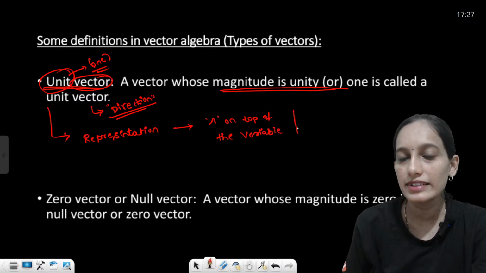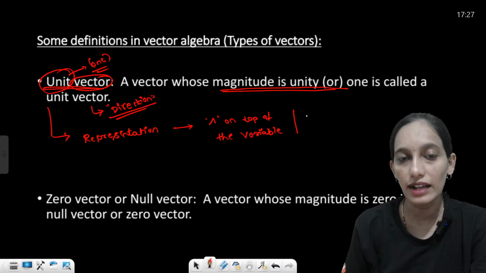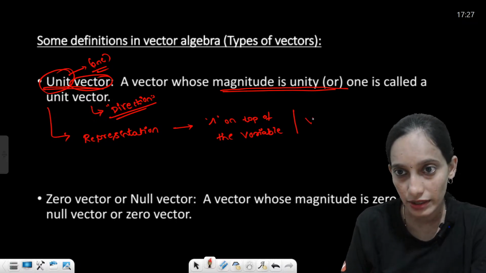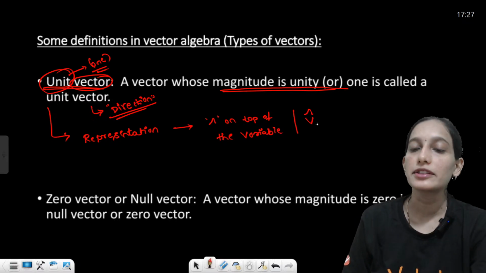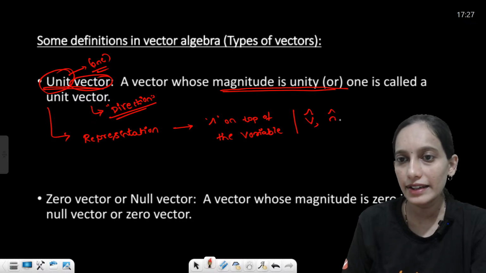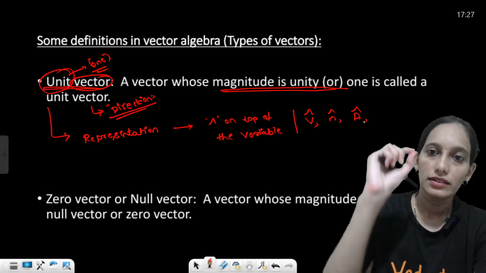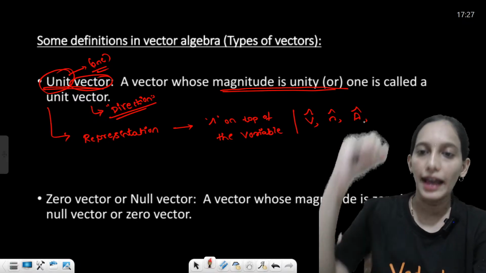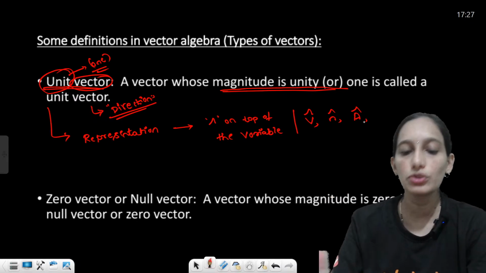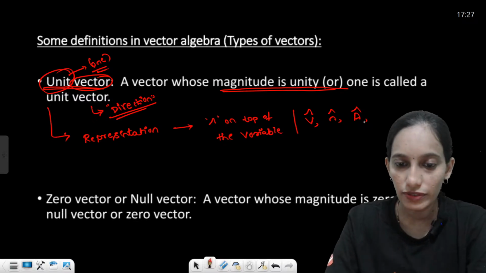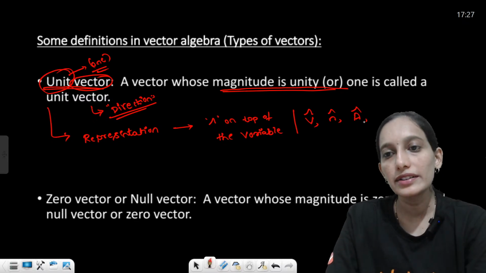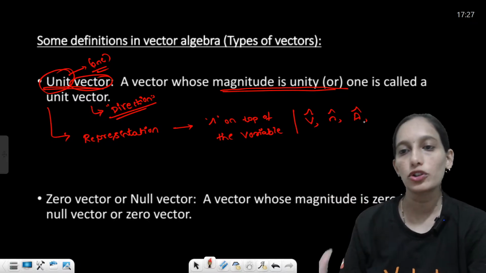So for example, I have a v vector. If I need its direction or unit vector, how will I write it? I will write V cap, or something like n cap, a cap. On top of any vector, if you put a cap notation, that will tell you it's a unit vector. So it is like placing a cap on top of it.